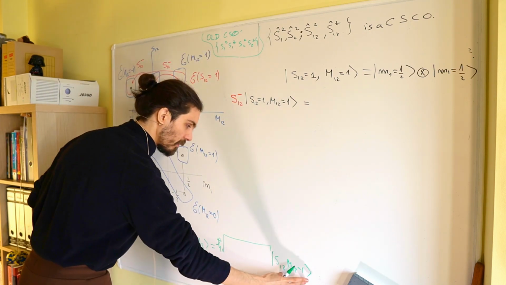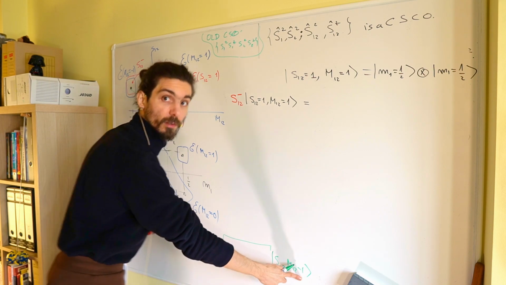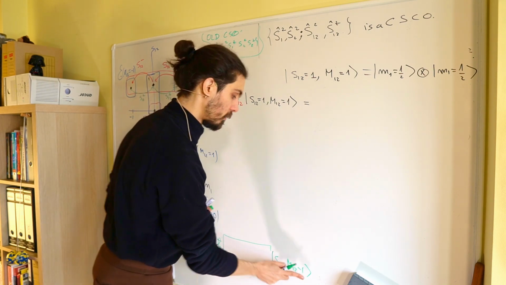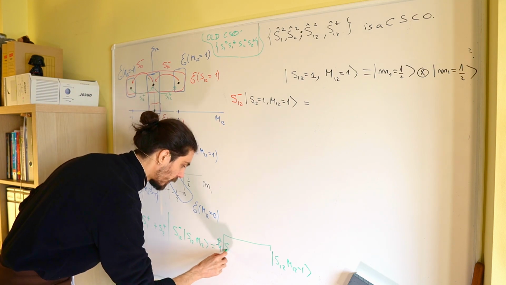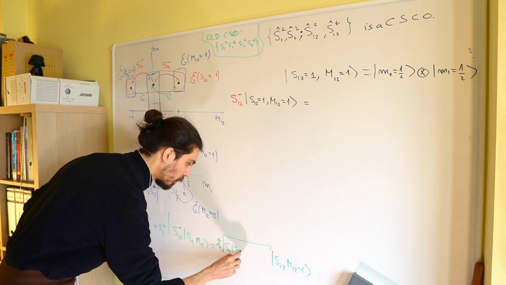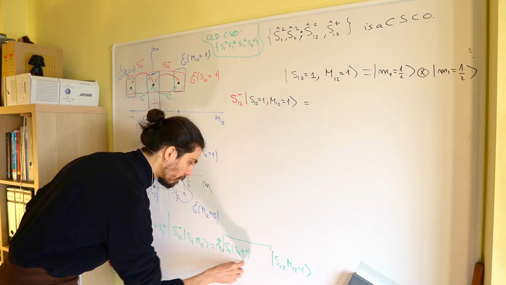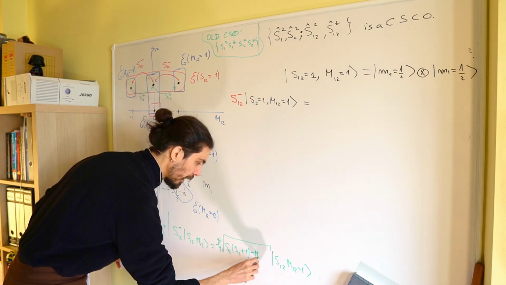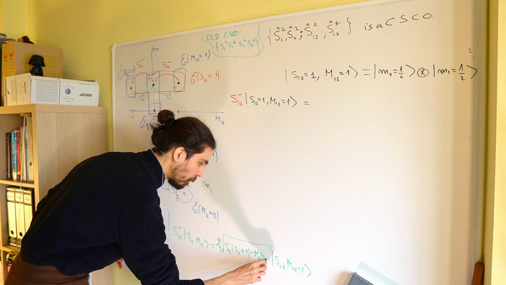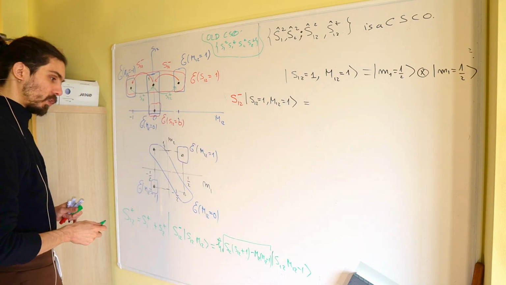The cat now becomes m12 minus 1. This complicated number is s12 times s12 plus 1, minus m12 times m12 minus 1. Can you see?